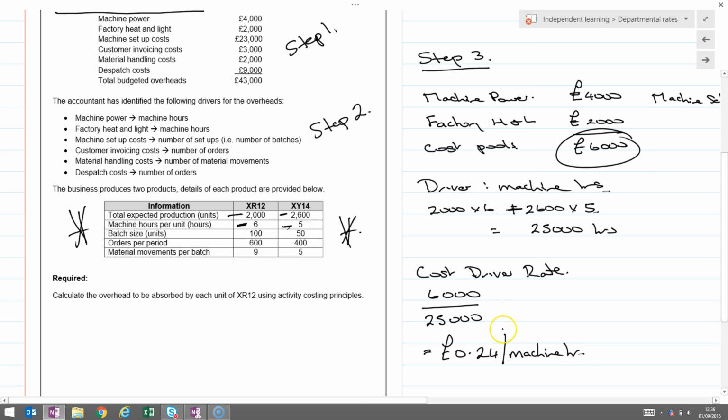So very much like an overhead absorption rate that we've already been calculating. Remember, this is step 4 we're doing, so if I just squeeze that in up here, step 4. So that's one cost driver.